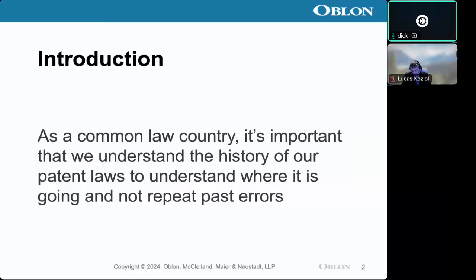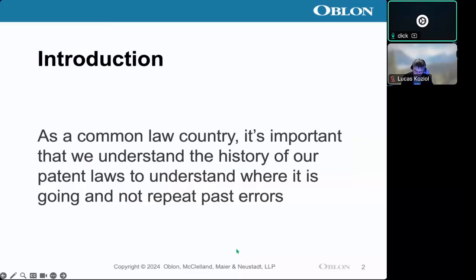In patent law, some of the laws start with Congress, but those are primarily the newer ones, like the antitrust laws and the AIA, for example.